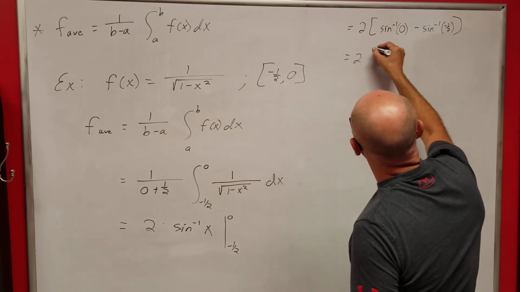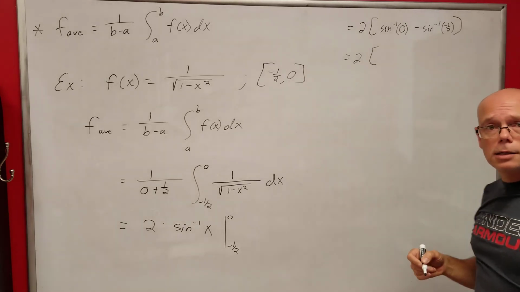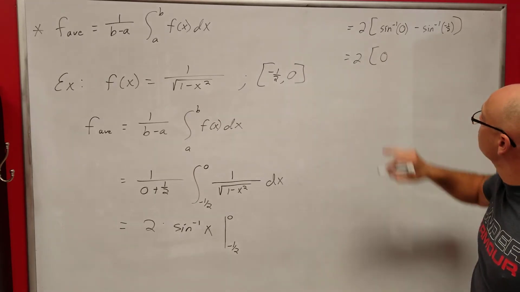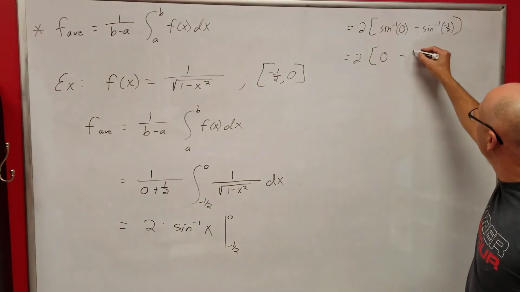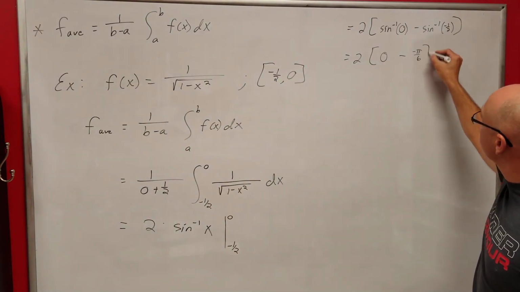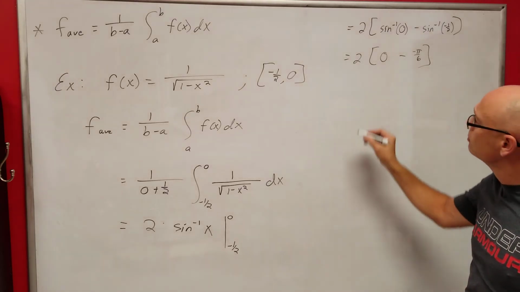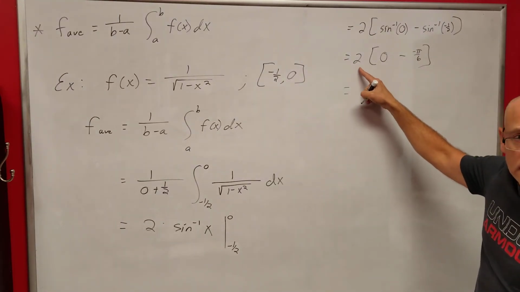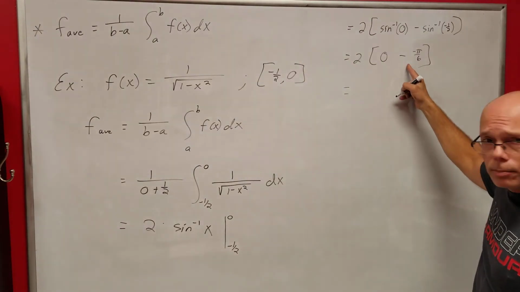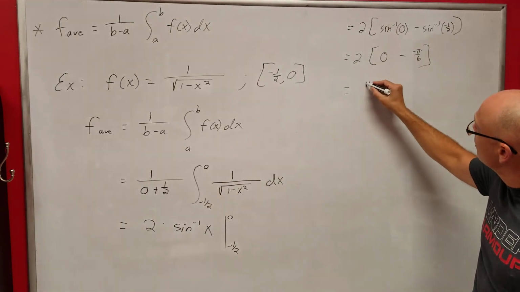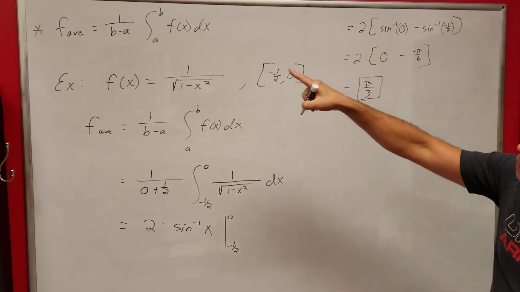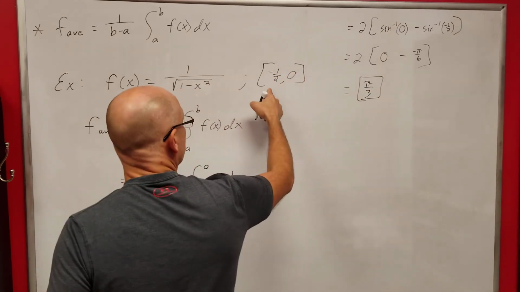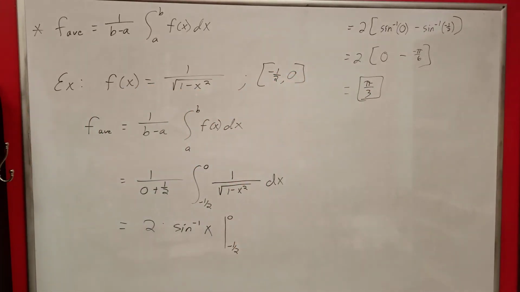What's the angle whose sine is 0? Wouldn't that be 0? Minus the angle whose sine is negative 1/2. Wouldn't that be negative pi over 6? So basically that's 2 times a positive pi over 6, or pi over 3, is my average value of this function from negative 1/2 to 0.